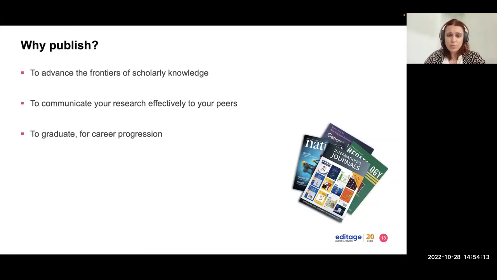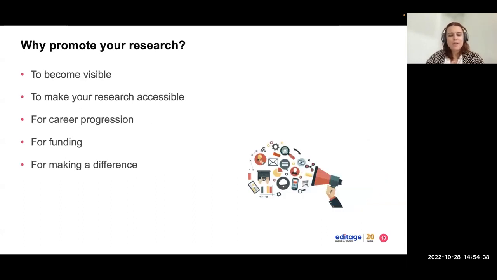It's also important that you actually effectively communicate to others, meaning that you don't just stay within the bounds of your research team and that the results don't stay in your research team. And as a side project of that, you need to also publish for career progression, for graduation.